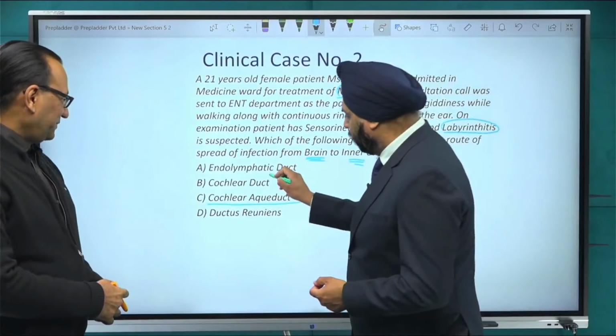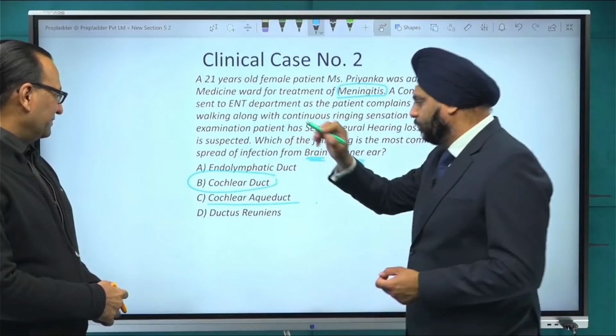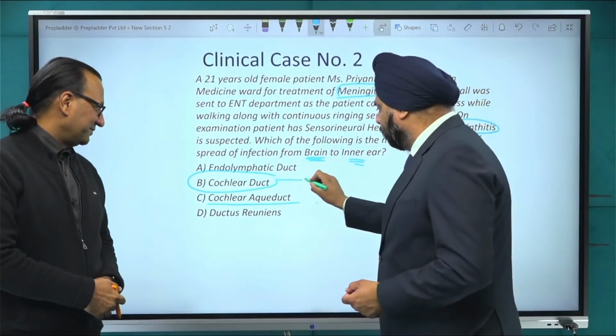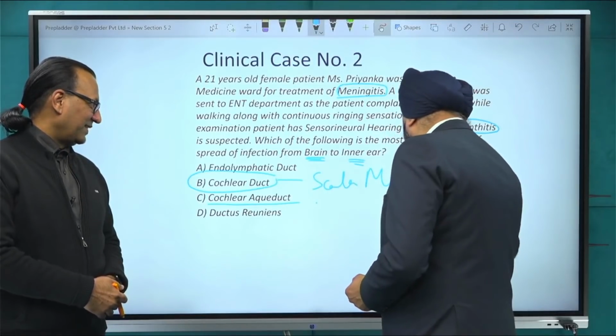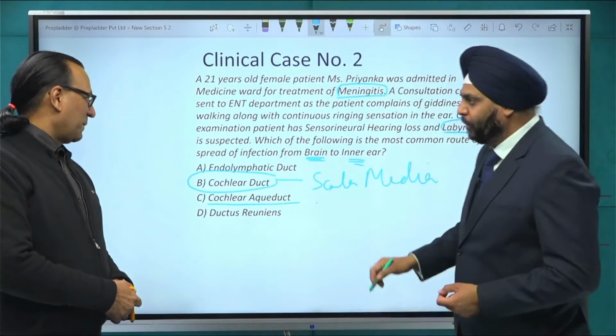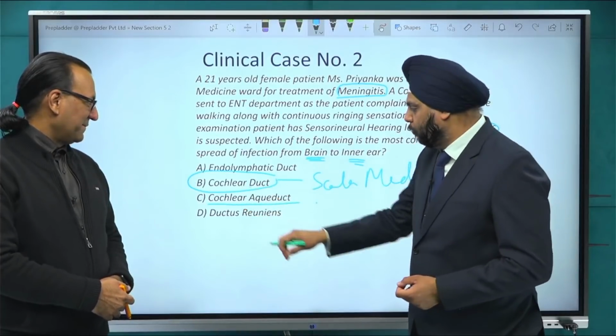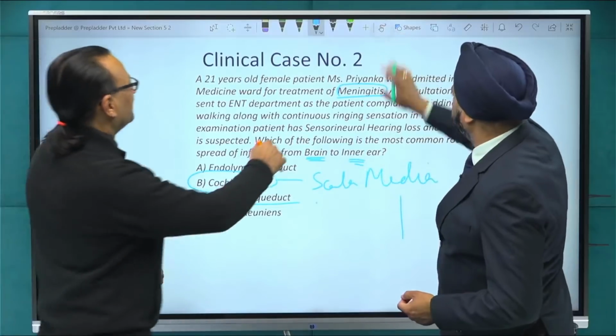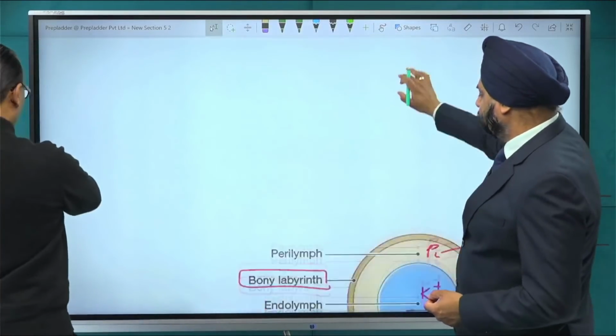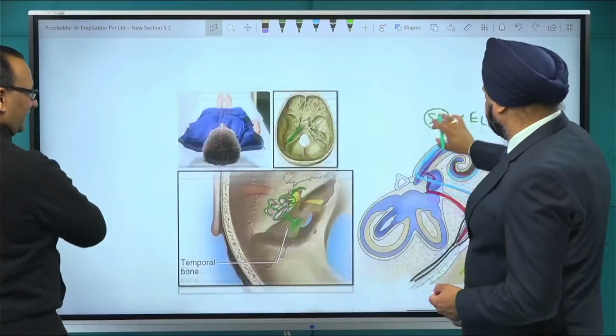But some of you might have got confused with the cochlear duct. The cochlear duct is nothing but the other name for scala media. It is strategically placed at option B to confuse you between these two options. Ductus reuniens, again, sir has shown you. Let me go back to this diagram that sir was explaining to you.